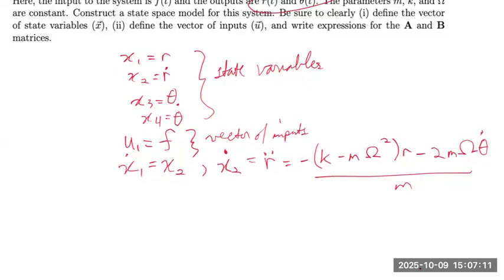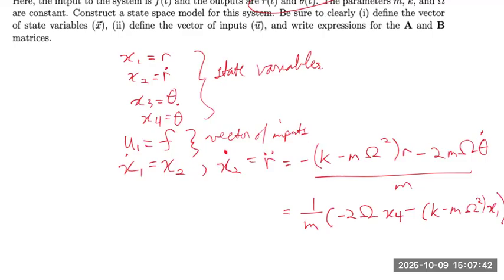So then we simplify this equation by factoring out 1 over m, and put negative 2 omega theta dot, which we can write as x4, minus k minus m omega squared times x1, since x1 is equal to r.